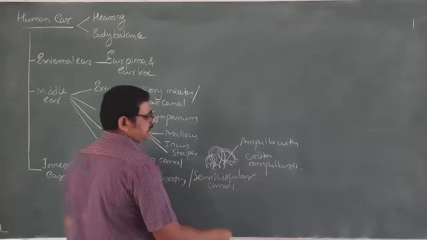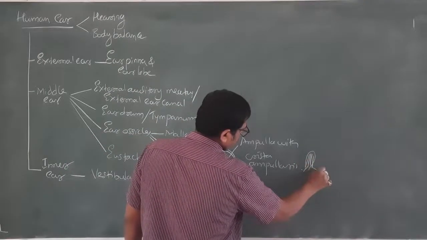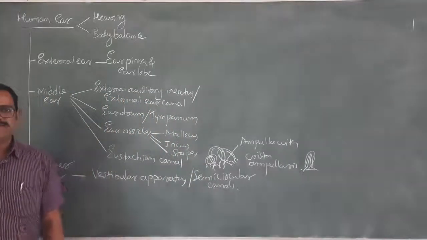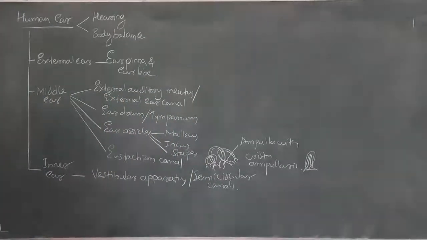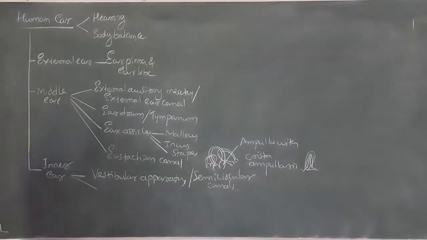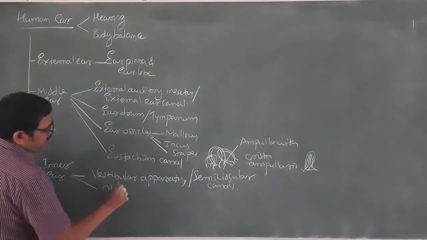Inside there will be certain tufts of hairs, and the tufts of hairs will be moving. There is a fluid inside, which we will also discuss. Other than this, there is a structure called the otolith organ.